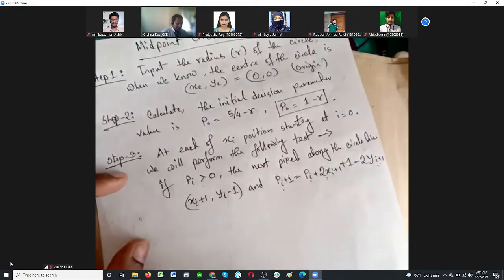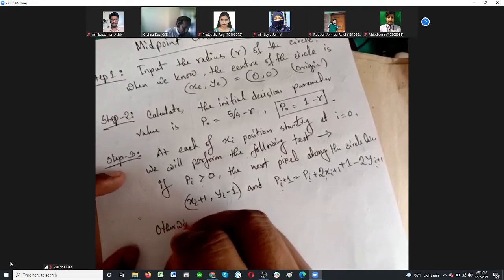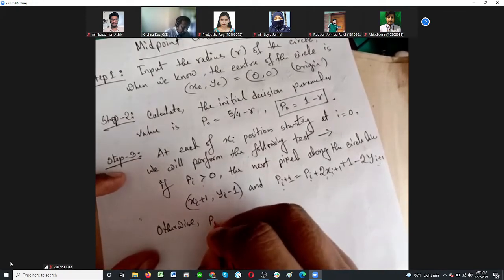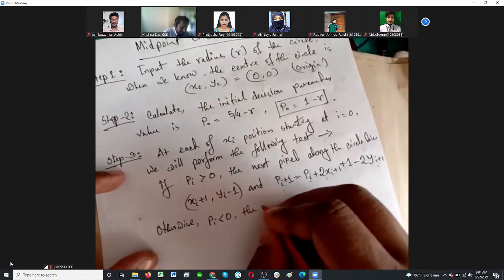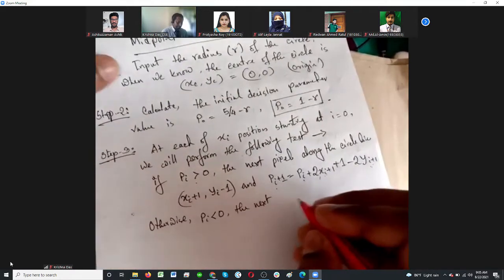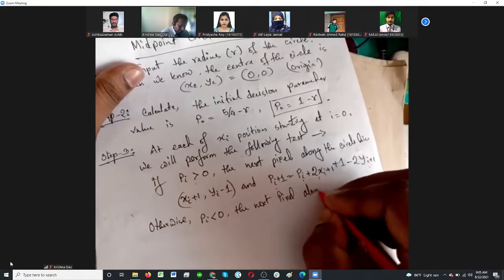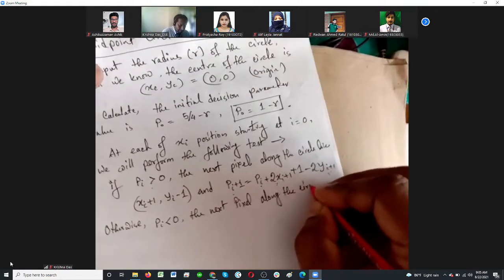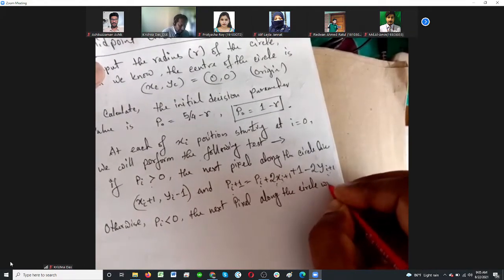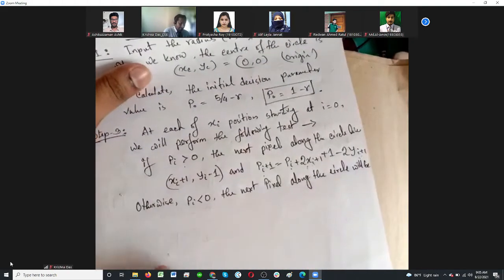Okay. Now, otherwise, when it is negative, that is p of i is less than 0, the next pixel along the circle will be as follows.